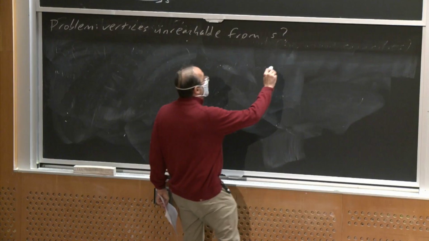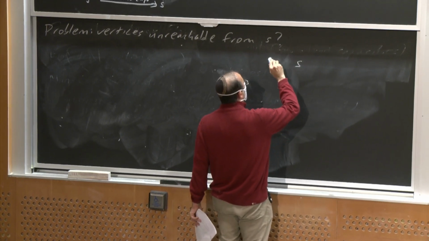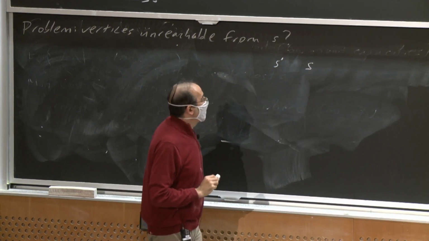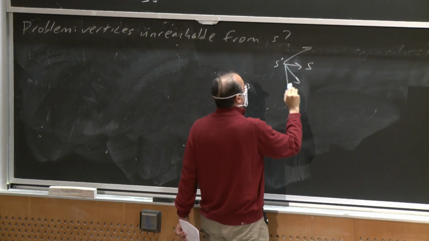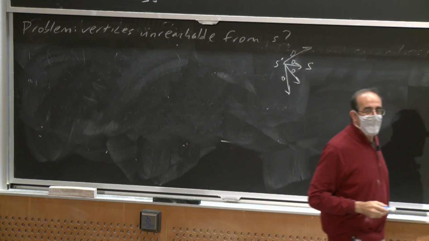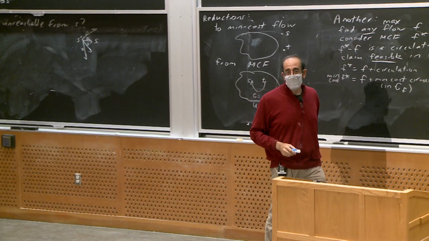Exactly. What we do is we have our vertex S. We just create an S prime that reaches everything with edges of length 0. Essentially what we say is, we'll give boba away everywhere.